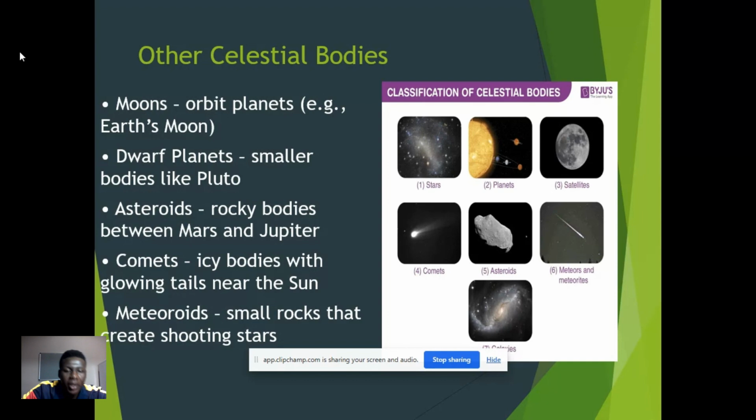Then we have the meteoroids. Meteoroids are small rocks that create shooting stars. You can see the diagram showing the comets, the asteroids, and other celestial bodies.